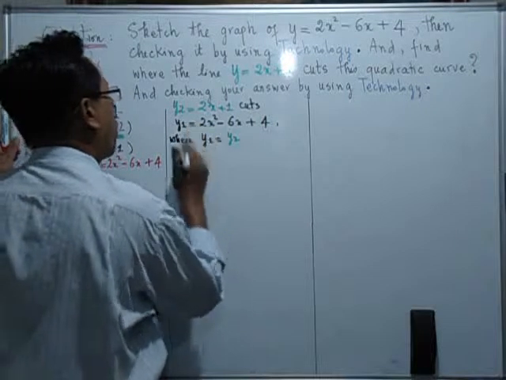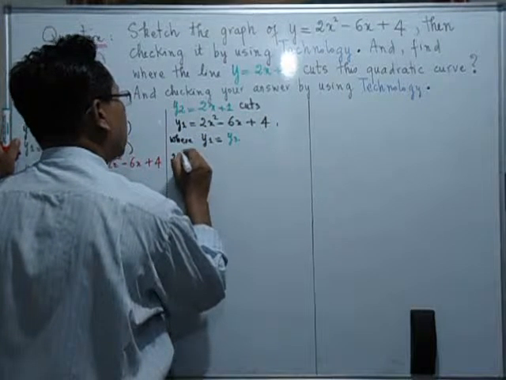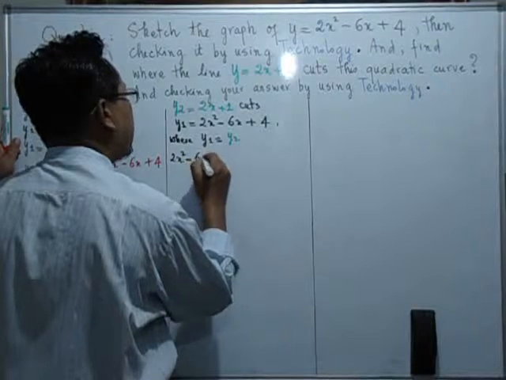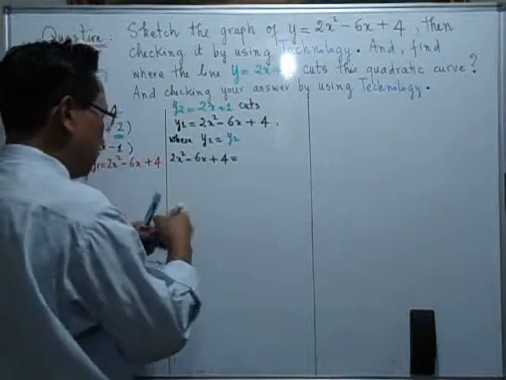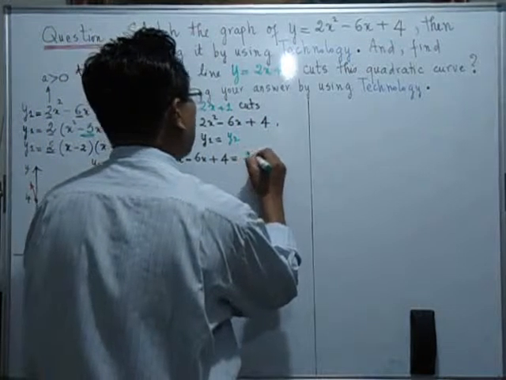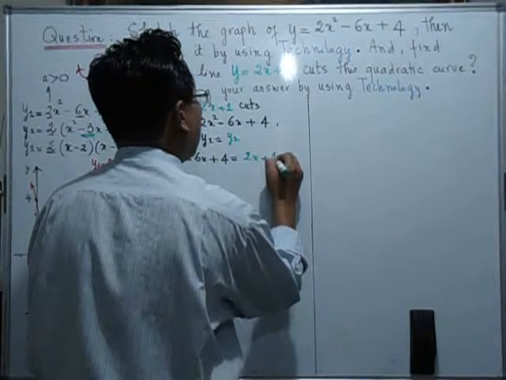So that one, y1: 2x power 2 minus 6x plus 4 equals 2x plus 1.